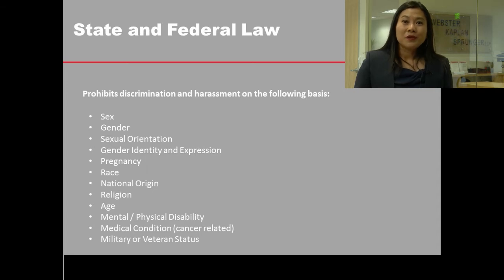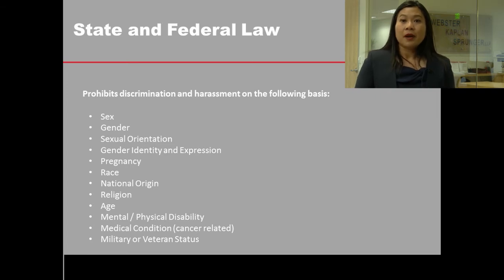But in order for abusive conduct to actually be actionable, unlawful, I should say, it has to be tied to a protected category. So again, let's take a look back at the very first slide in which I've highlighted some of these protected categories.